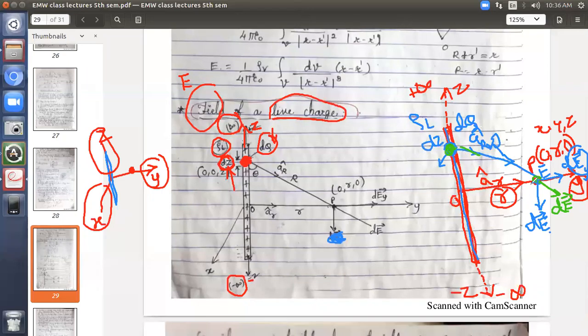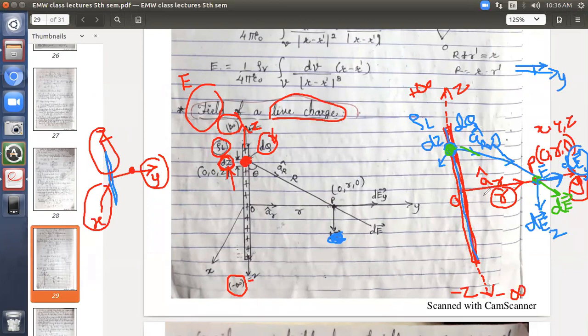I have to go for dE z because, if you observe, this horizontal line was parallel to the y-axis, and E is also in the same direction, so both are parallel to each other and I can simply take y.